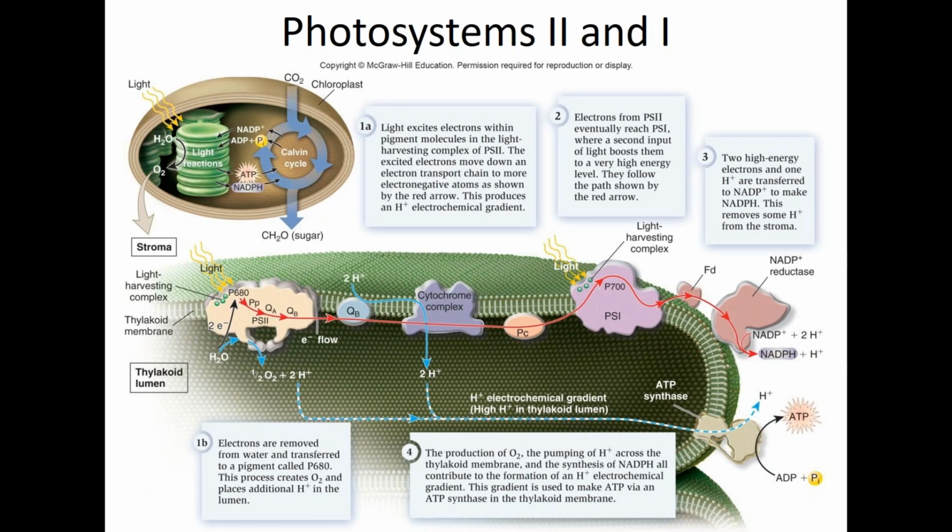Then they get down to photosystem 1. And photosystem 1 has another boost of light that helps to boost those electrons, and that's collected by a pigment. And fortunately there is NADP+ there at the end of the electron transport chain as part of photosystem 1. She's there to accept those electrons home. And so as NADP gets made into NADPH, that soaks up some more hydrogen ions that are outside of the thylakoid in the stroma.